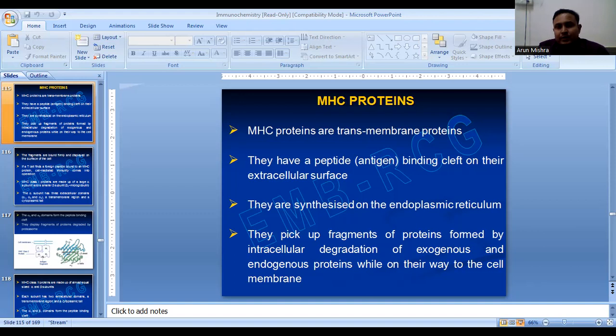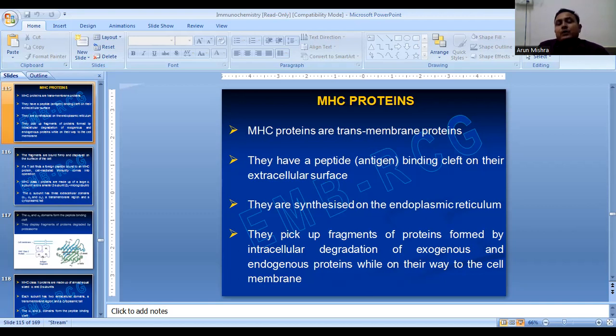MHC class 2 proteins are made up of almost equal sized alpha and beta units. Each subunit has two extracellular domains, a transmembrane region, and a cytoplasmic tail. The alpha 1 and beta 1 domains form the peptide binding cleft. MHC class 2 proteins bind fragments of protein degraded in intracellular vesicles called endosomes.